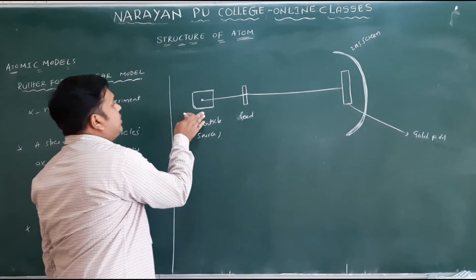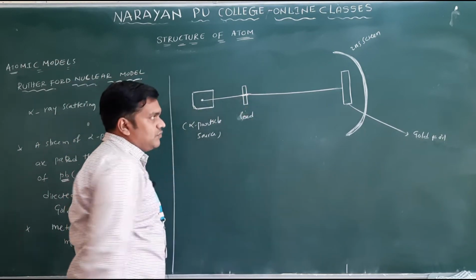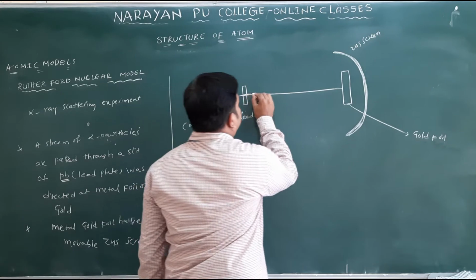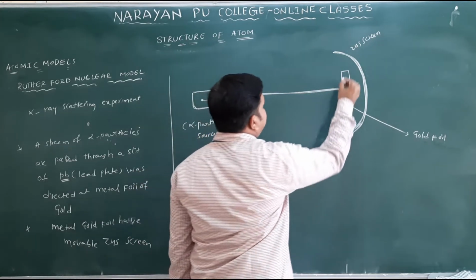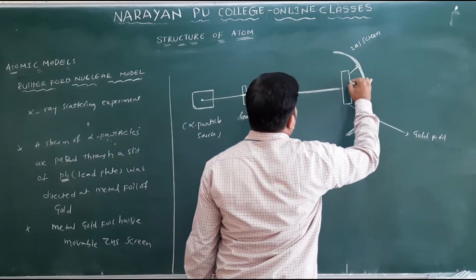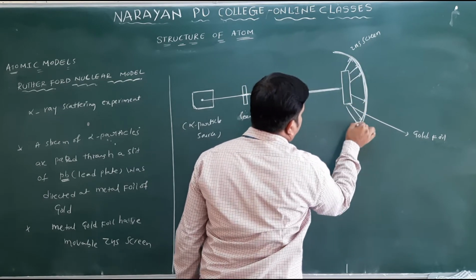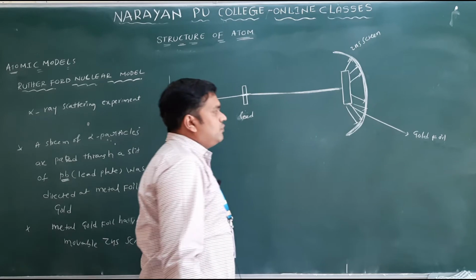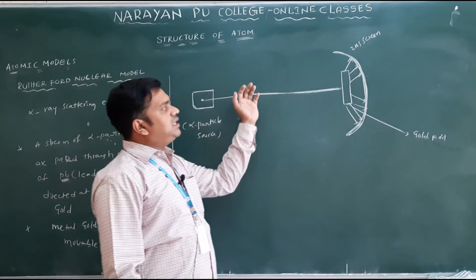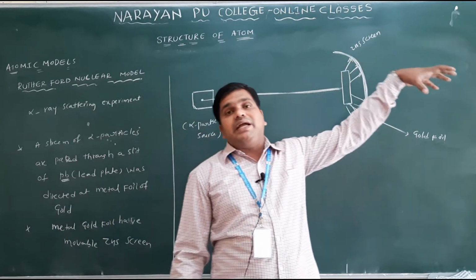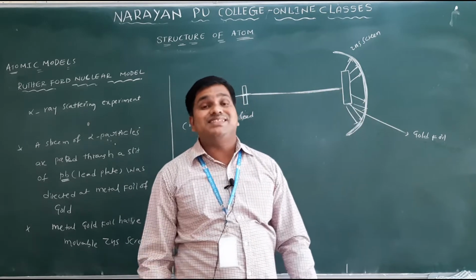Whenever the alpha particles move toward the slit of the lead plate, they move through the gold foil. Then we can observe some deflections on the gold foil, like this. Whenever an alpha particle hits the gold foil, some light is produced on the zinc sulfide screen.